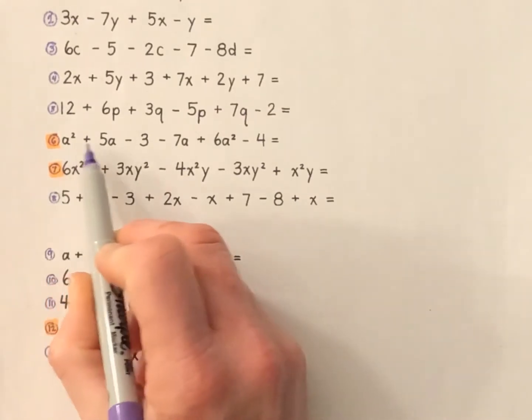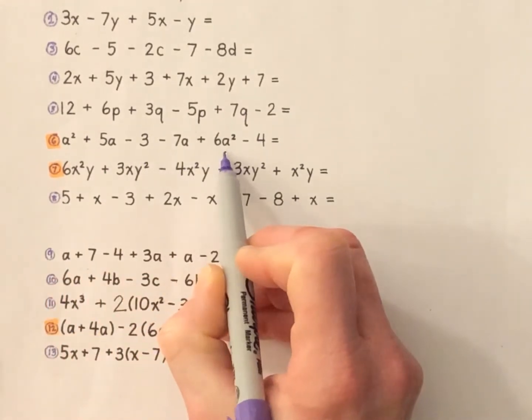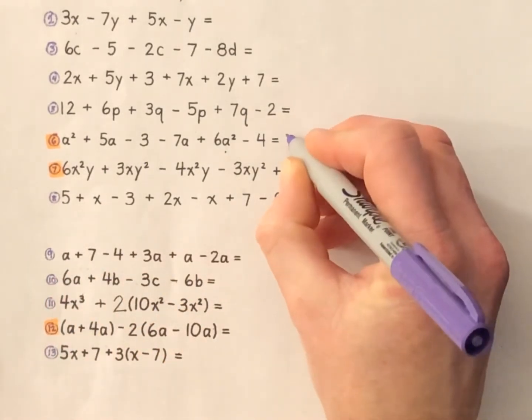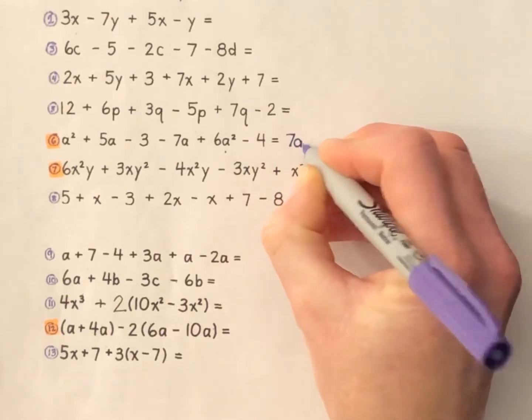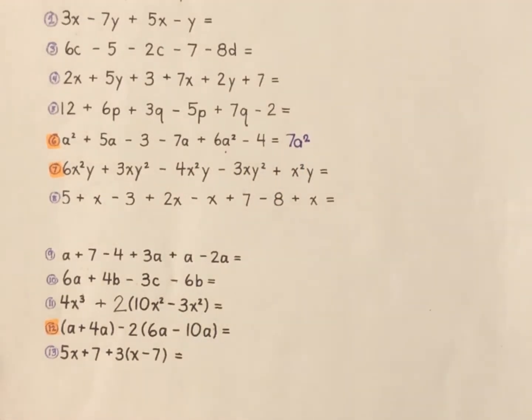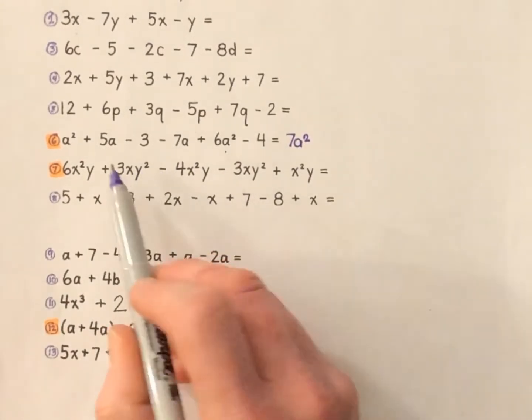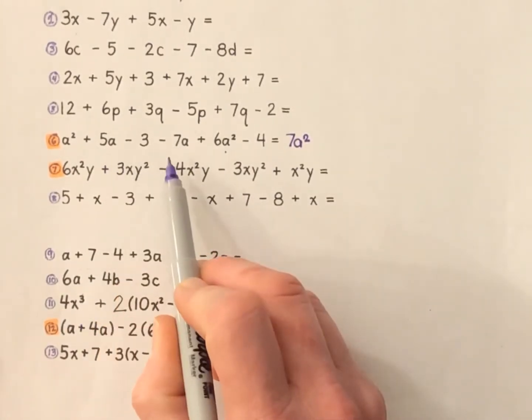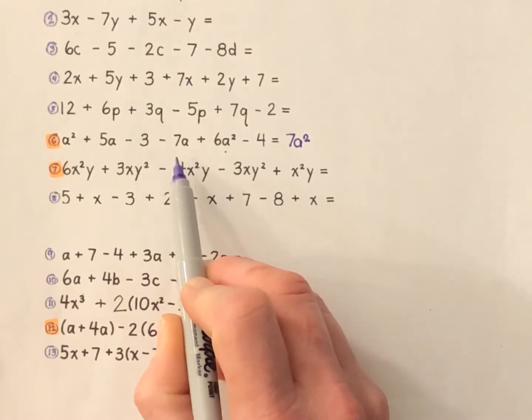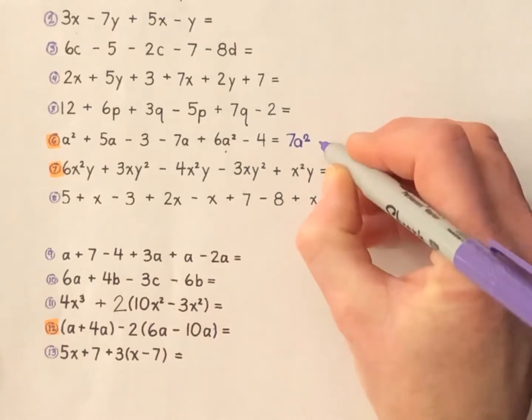We have a squared plus 6a squared. That gives us 7a squared. Next, we'll do our a variable, 5a minus 7a. That would give us negative 2a.